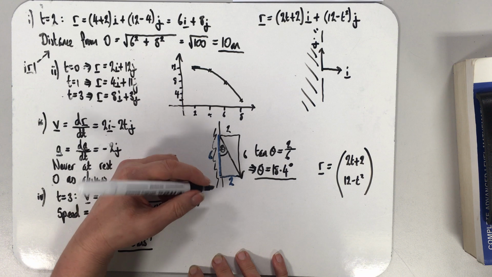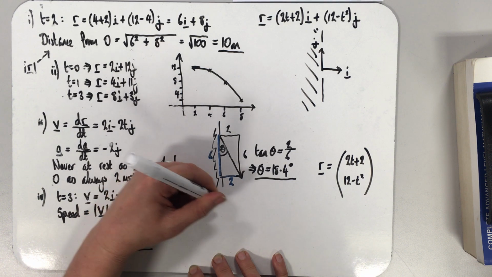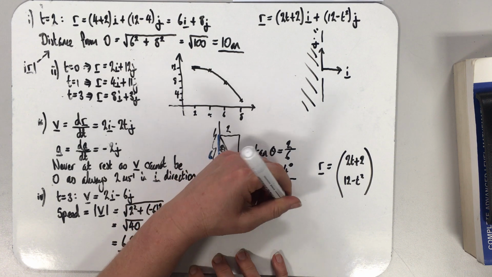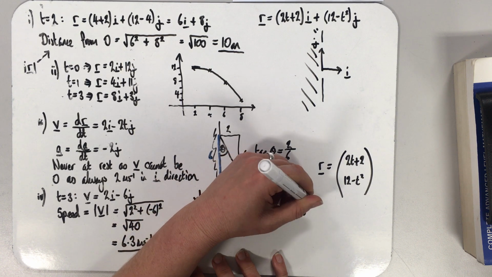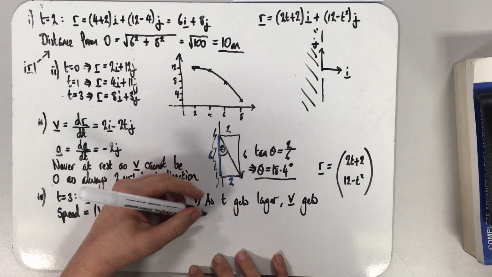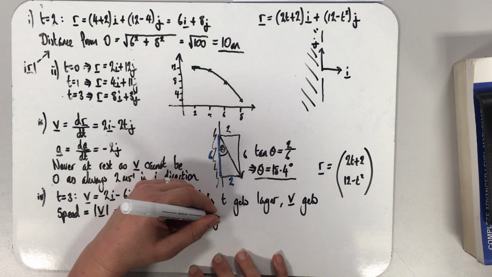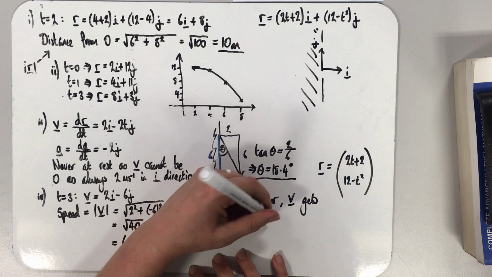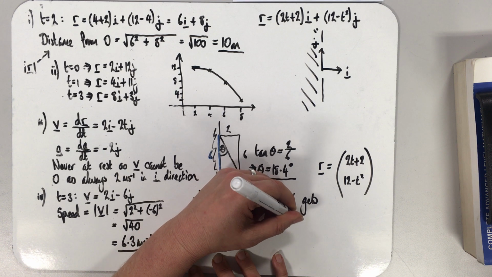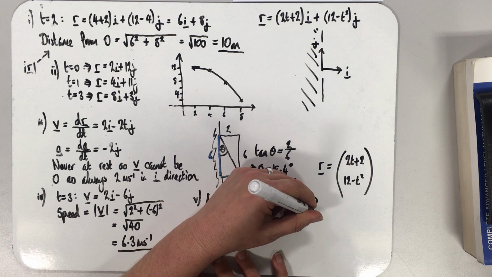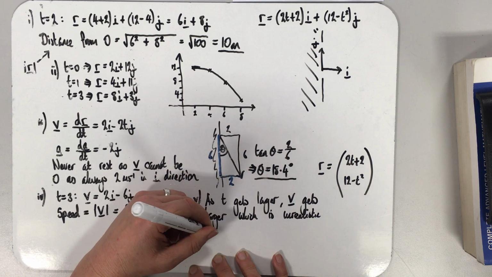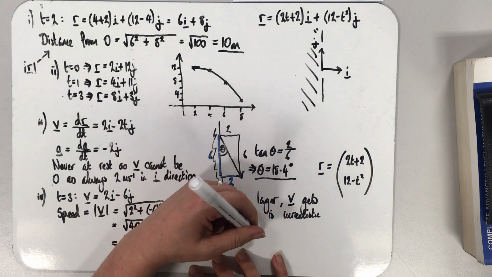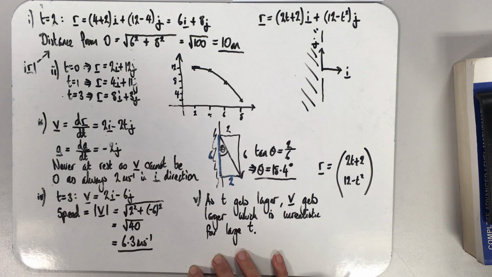So as t gets larger, the velocity gets larger, which is unrealistic for large t. So something along those lines.